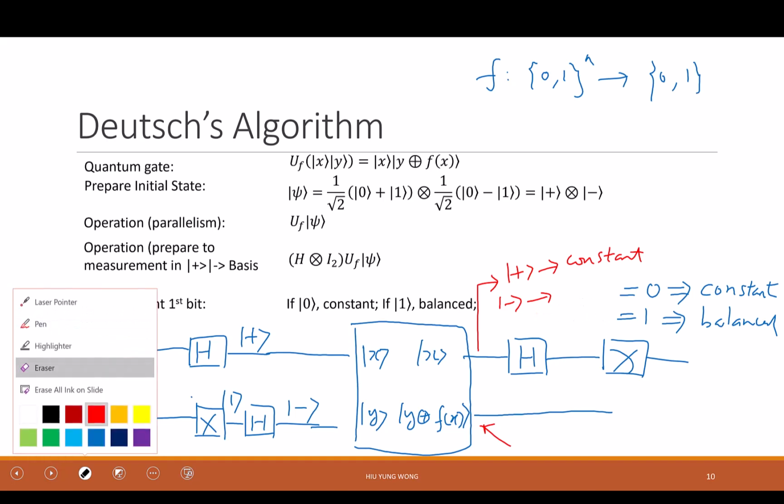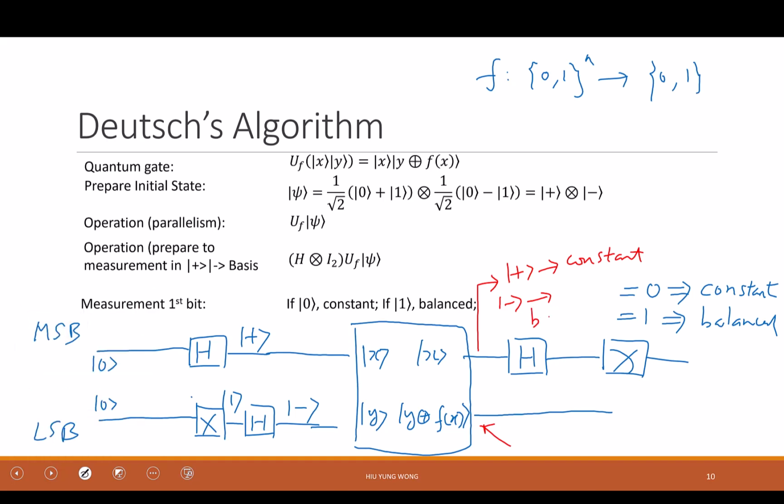Because this is before the Hadamard gate. Right? I want you at least to memorize it, right? When you do a measurement, you use the plus minus basis, you get 0. It's equivalent to applying the Hadamard gate and measure in the plus minus basis.